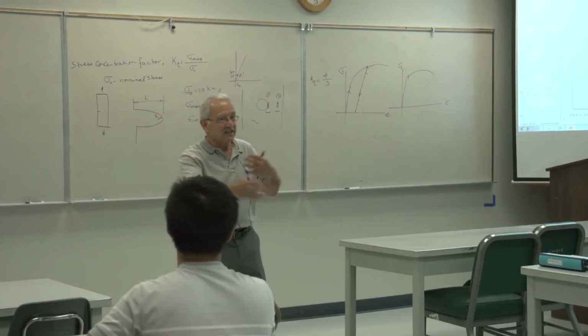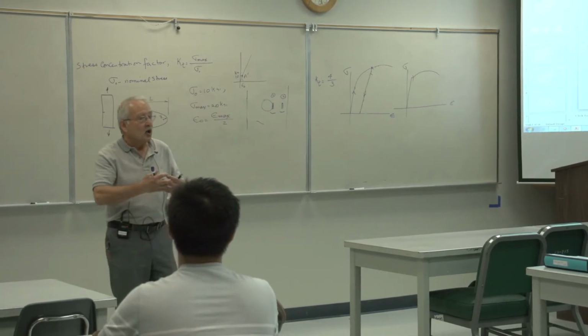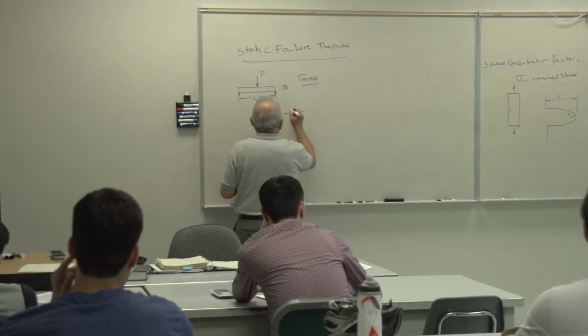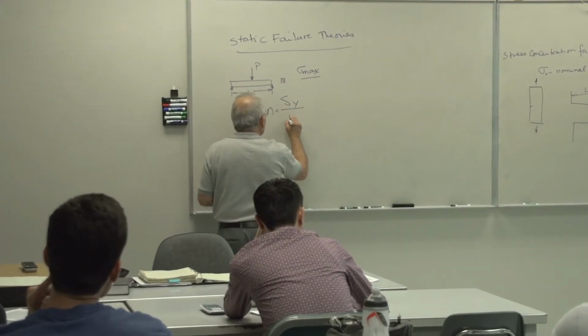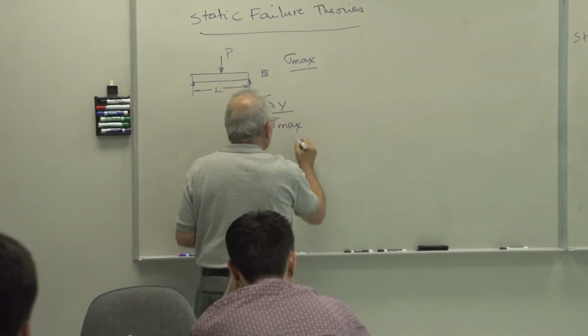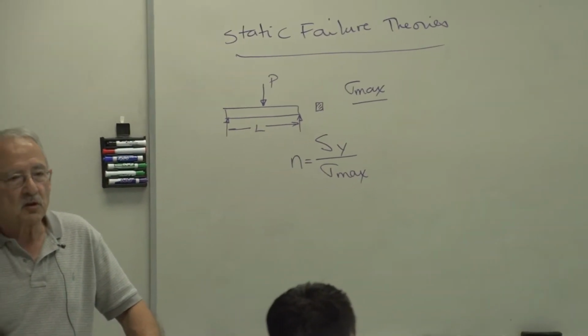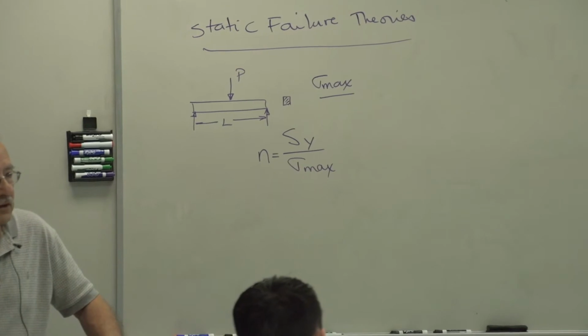In other words, it has the factor of safety inherent in it. But if you want to find the factor of safety with respect to yielding, say the yield strength of the material divided by the maximum stress in the material. That's your factor of safety.